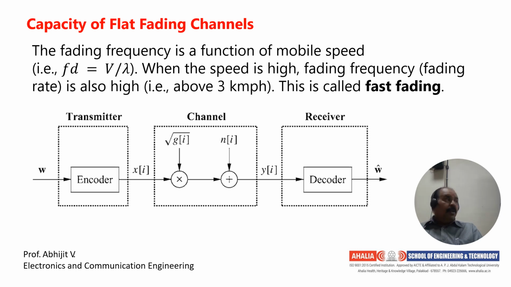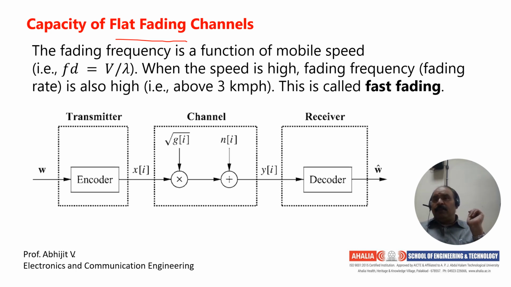Capacity of flat fading channels. In the previous session, we have seen what is a flat fading channel. Do you recall? A flat fading channel is a channel where the input signal bandwidth is less than the coherent bandwidth.